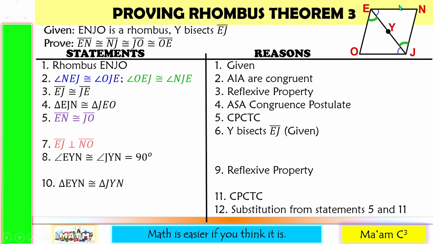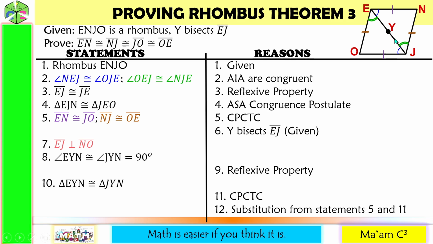Again, that would be line segment EN and line segment JO. And also, if we move this triangle, line segment NJ is congruent with line segment OE. NJ with OE.